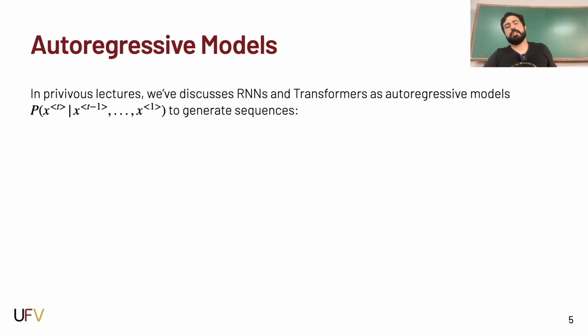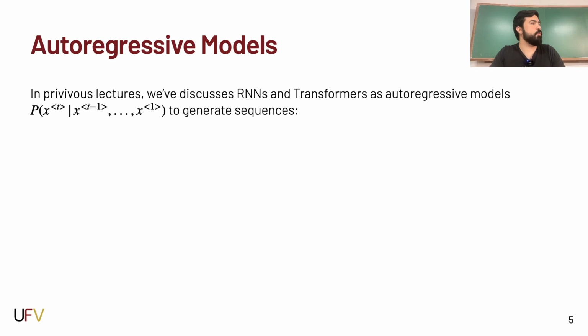So in previous lectures, we already talked about one very important kind of generative model, which is autoregressive models. As I said, this type of model assumes that the data comes in a sequence, and the next element, xt, is a function of the previous t-1 elements. Okay? And then we saw that we can model this either using an RNN, or a transformer.